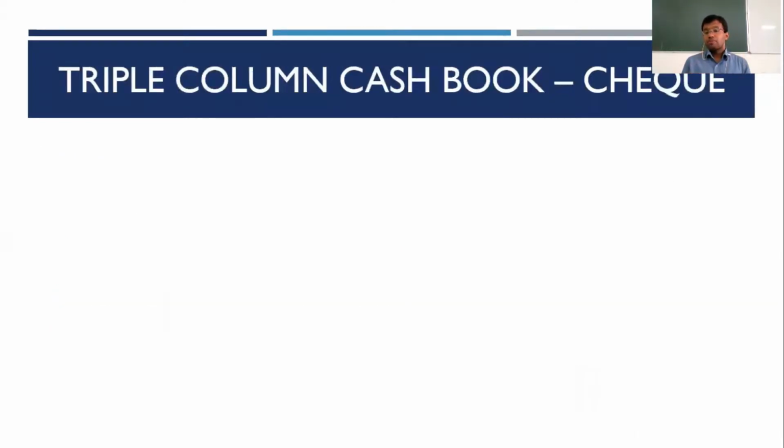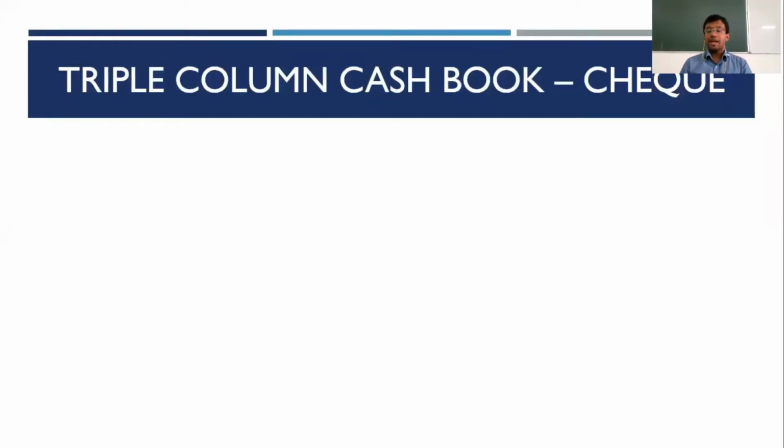Now, in the triple column cash book, there is a slight difference in the treatment of check transactions. I wish all of you would pay a lot of attention to this specific slide, because here we would be discussing how to treat check transactions. Whenever you have any kind of check transaction, how do you go about capturing them?